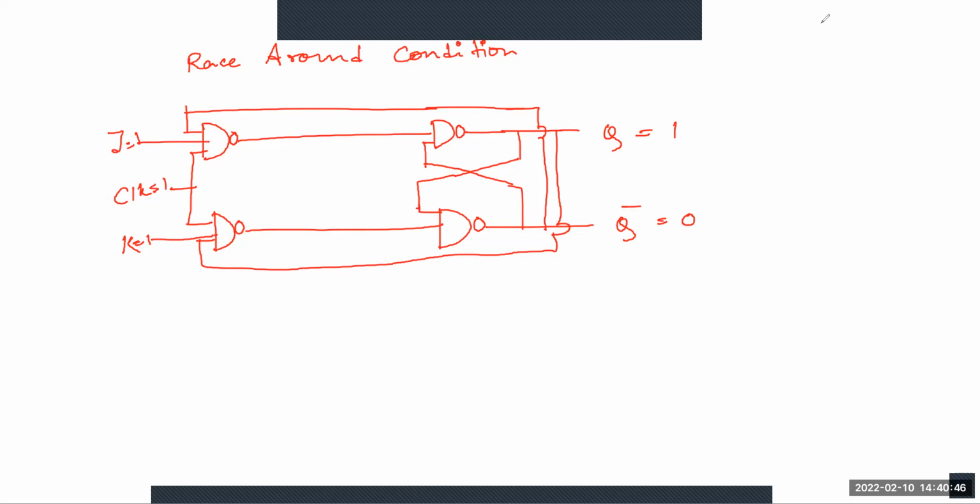Now I am writing the truth table of the JK flip flop. Here this is clock, this is J, this is K, and this is Q n plus 1.